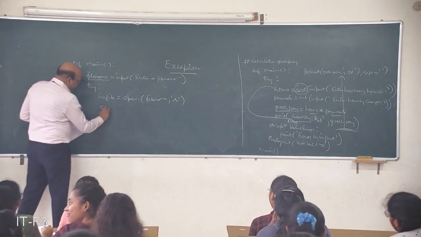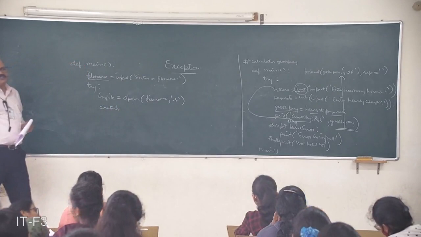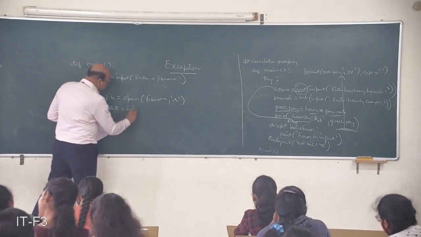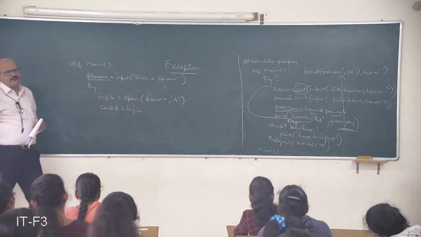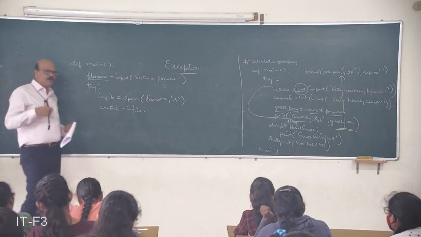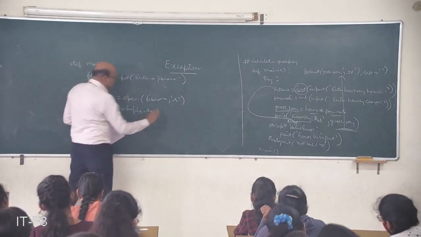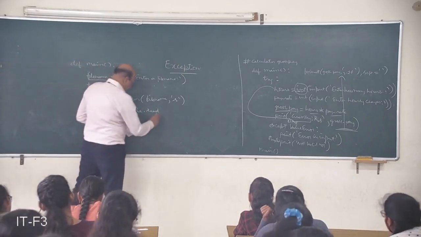Next, we have to read the content of this file and then display it. So contents is equal to in file dot read. If I want to read line by line, I have to use readline. If I want to read the entire content of the file, I have to use the read function call, as we have already seen.